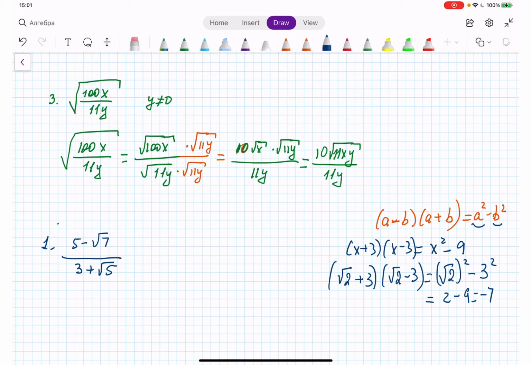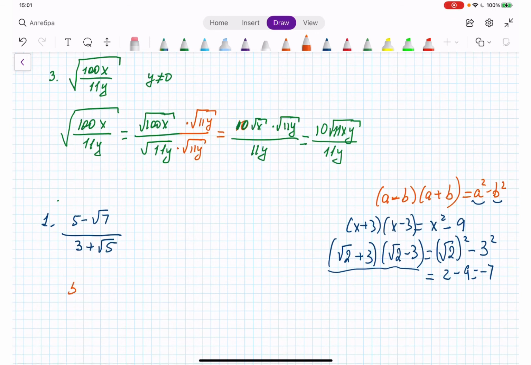I can use this method, meaning multiplying 3 plus square root 5 by its conjugate. Conjugate means you multiply the same terms but with the opposite operation. Let me write down 5 minus square root of 7.